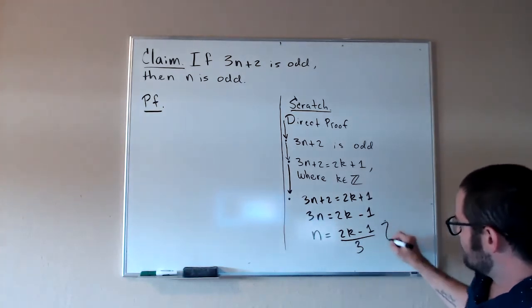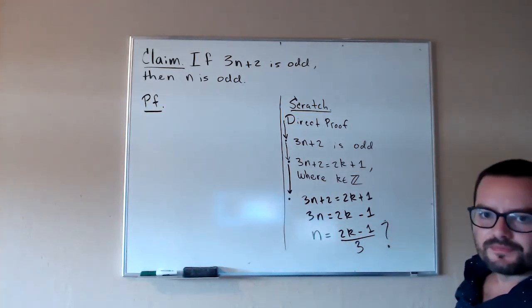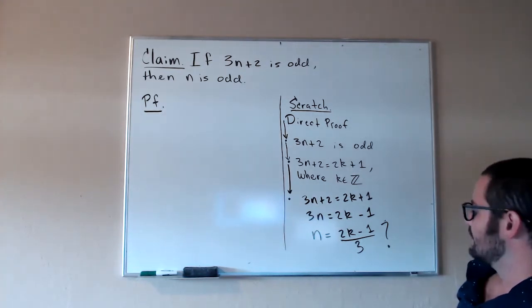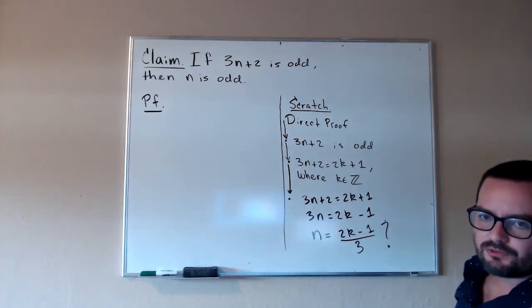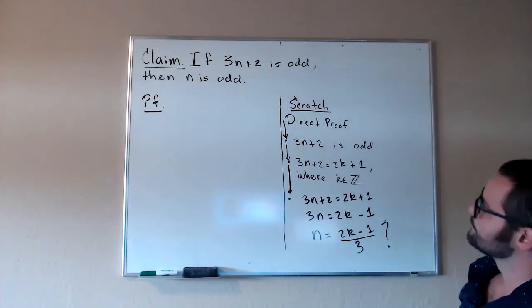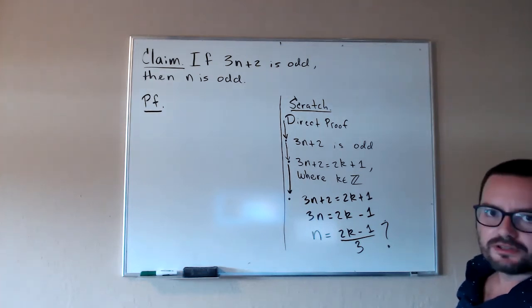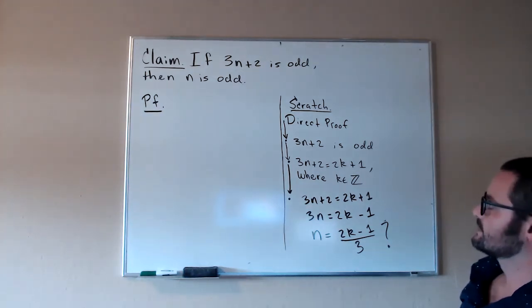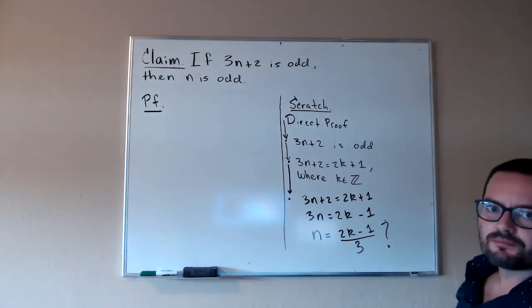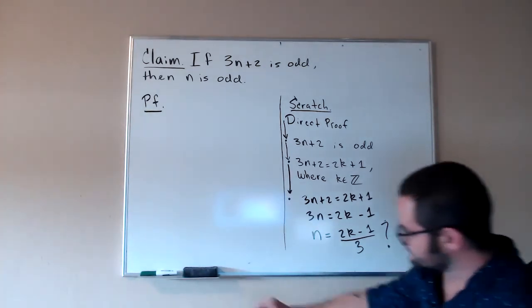I don't see immediately how that would be odd. It doesn't look like twice an integer plus 1. So at this point, you might get stuck. Well, that's when you should start considering indirect methods of proof.